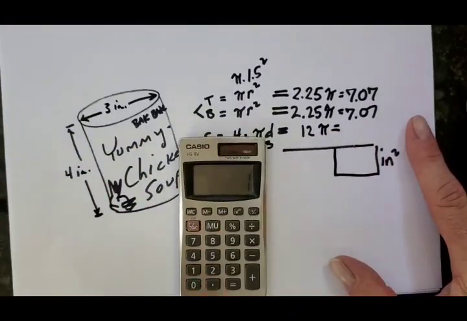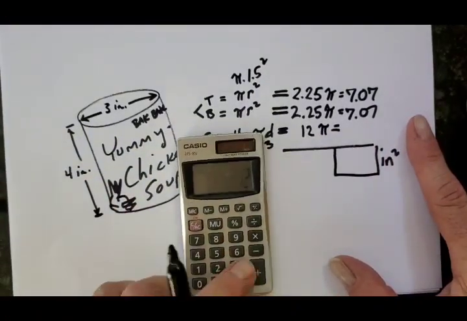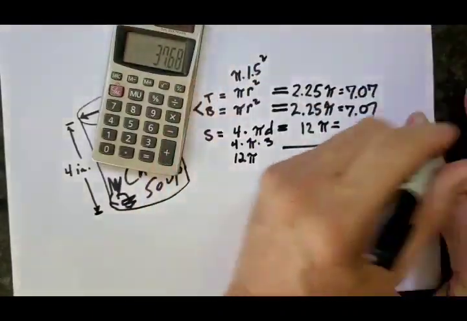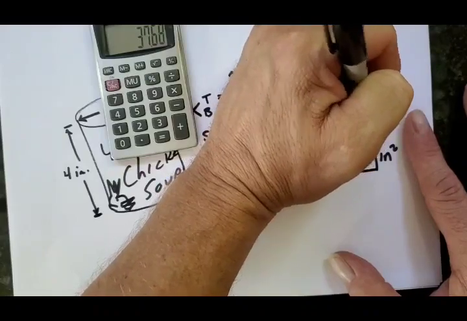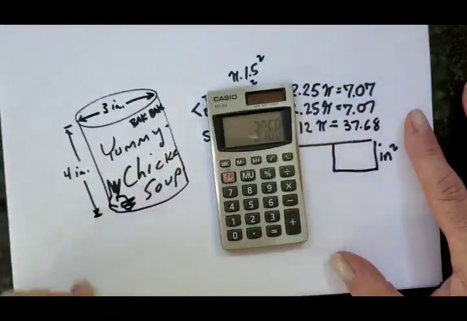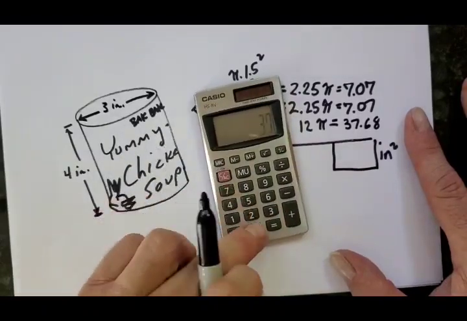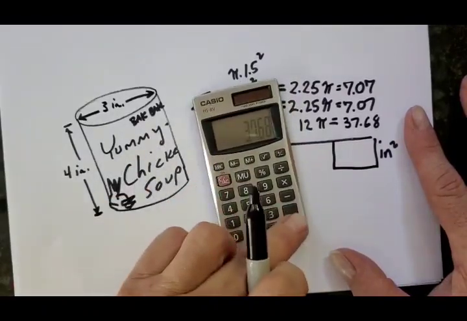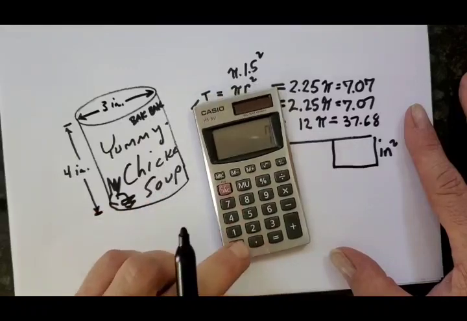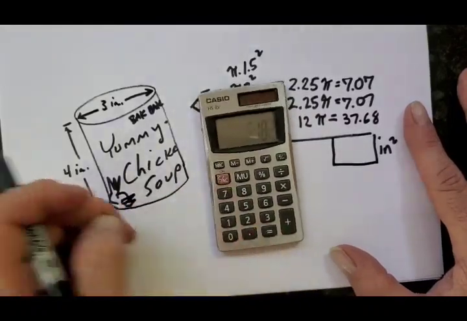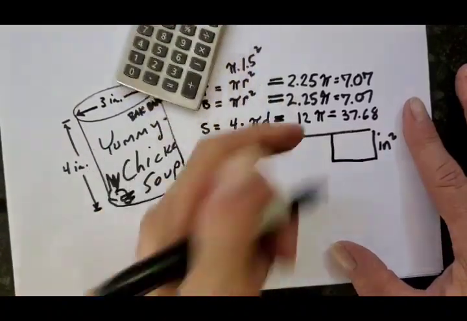So we go 37.68. Okay, I'm going to add these all together. I'm going to get about 51.8.